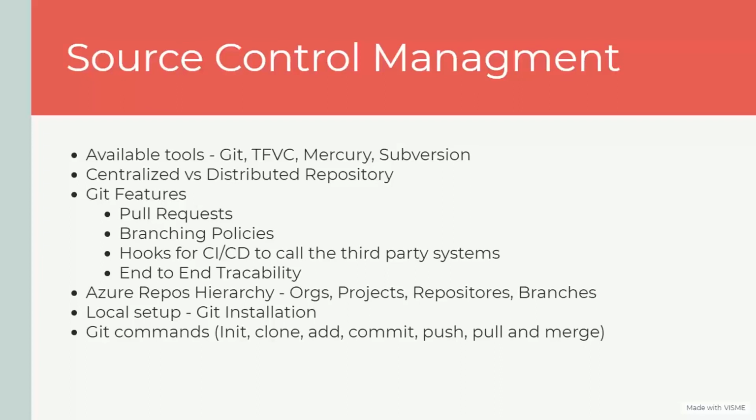Even if you don't have any internet, you can clone the particular repository to your local machine, work on it, and then internally merge with the main branch. When the internet is up, you can push it to the remote repository, so that from there everyone can access the latest code.